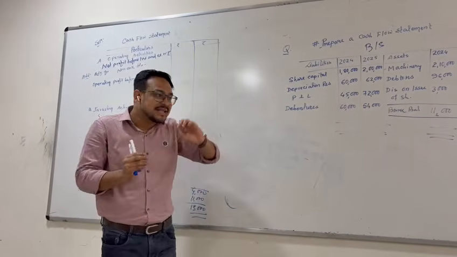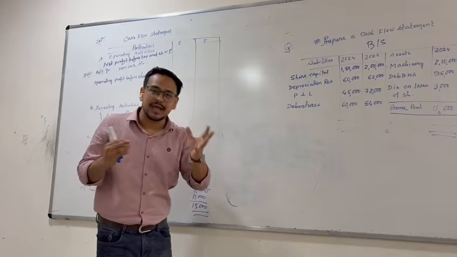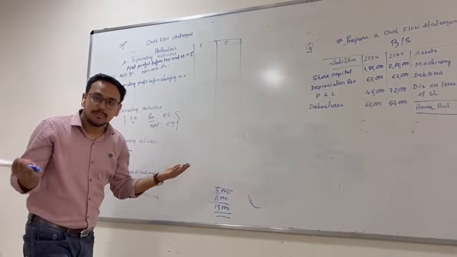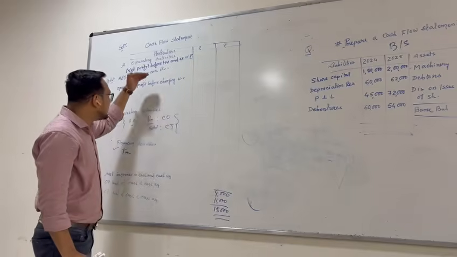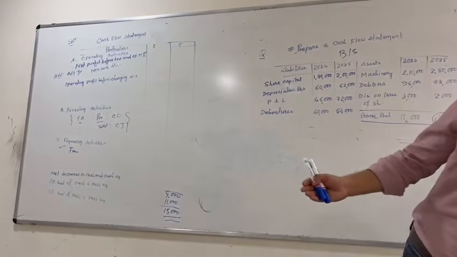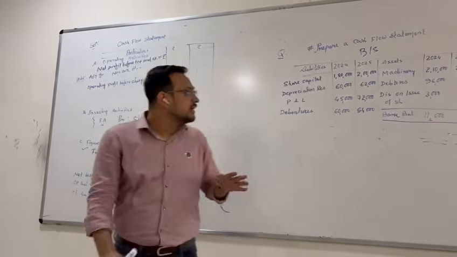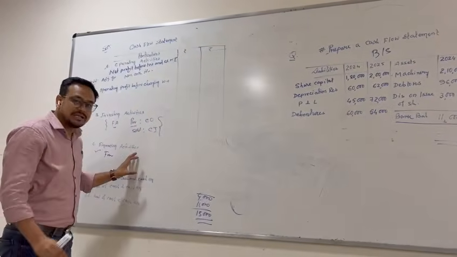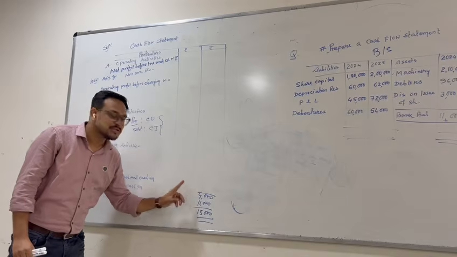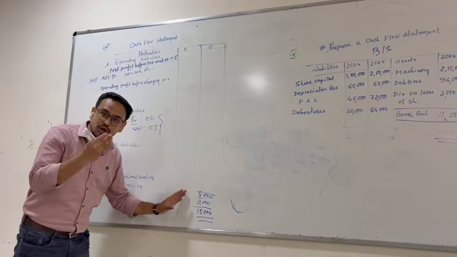We will analyze every item of assets and liabilities of the balance sheet, segregate them into these three activities, and prove which activity is involved in this change of 4,000.